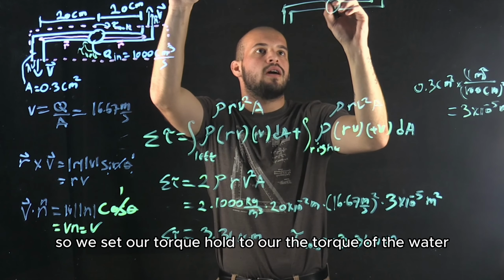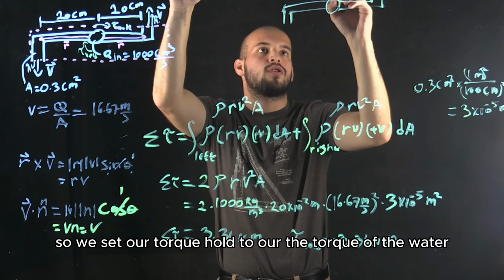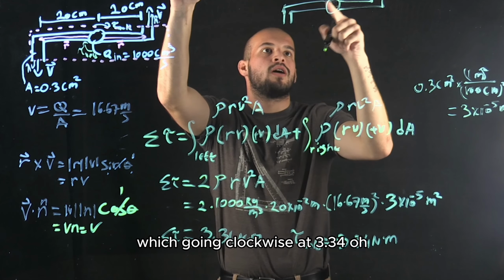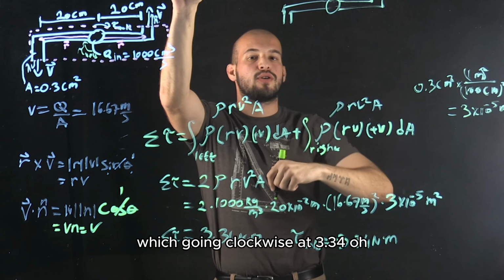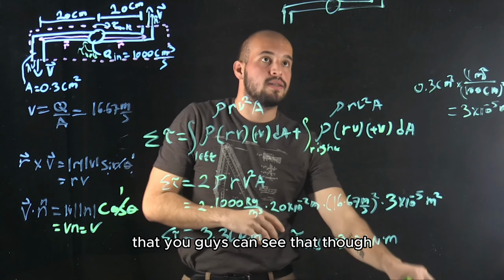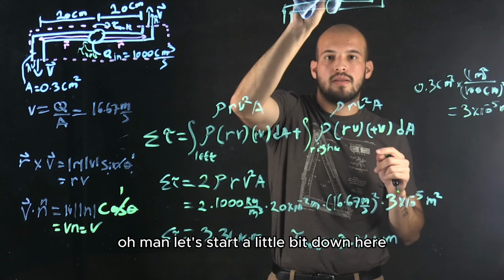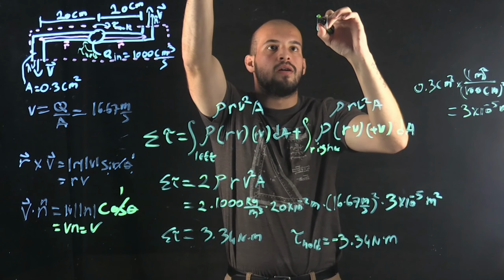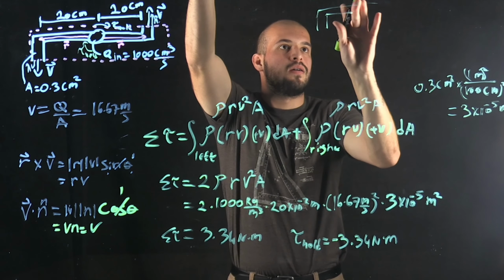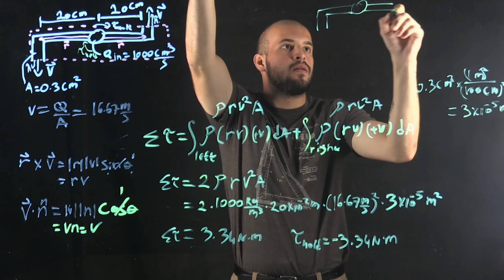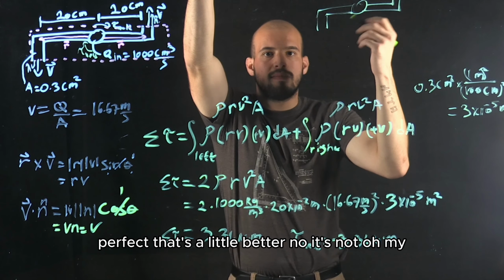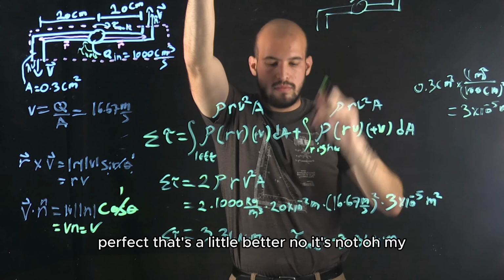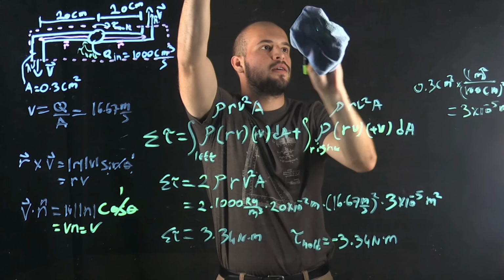Okay. So we said the torque of the water, the sum of the torque, was going clockwise at 3.34. Oh, you guys can't see that though. Oh man. Alright, let's draw that a little bit lower.